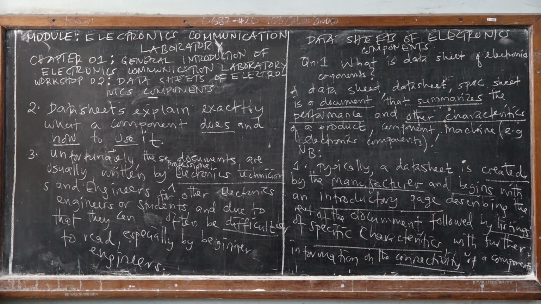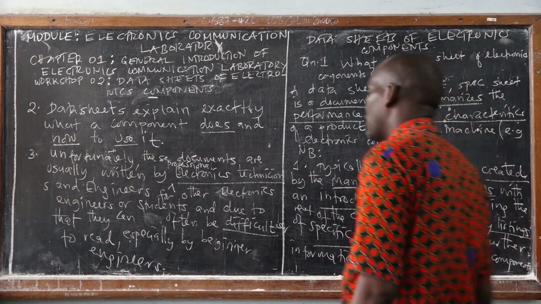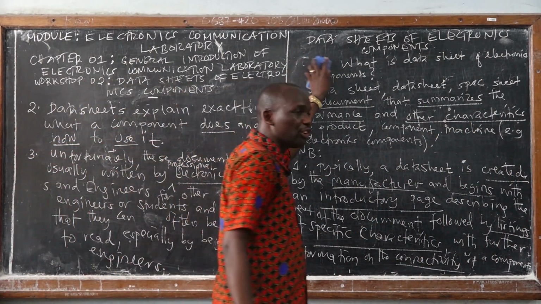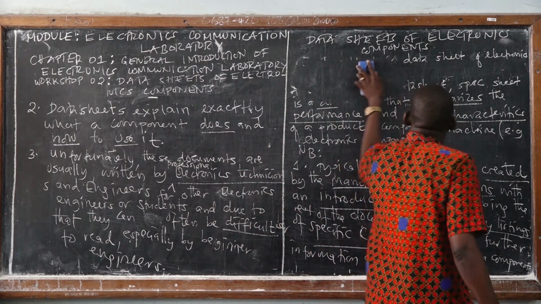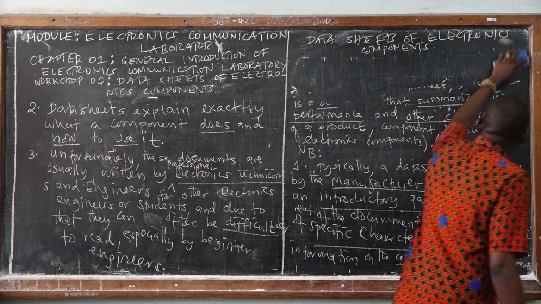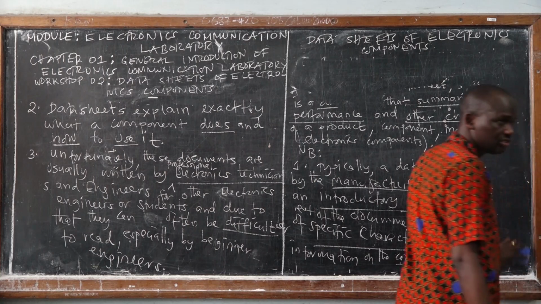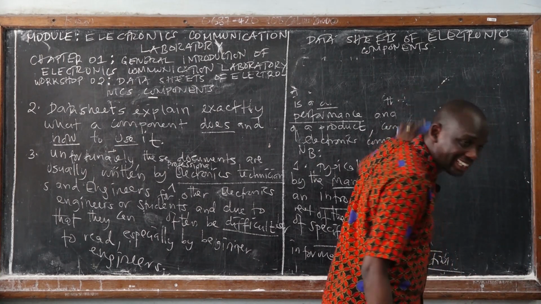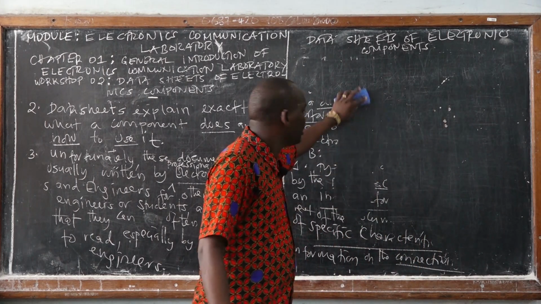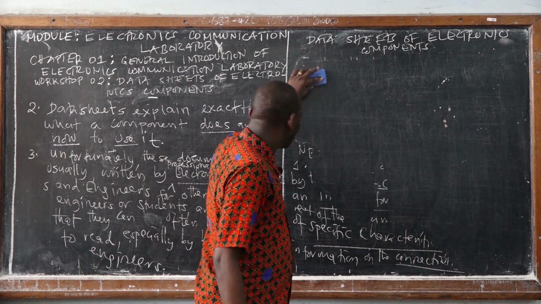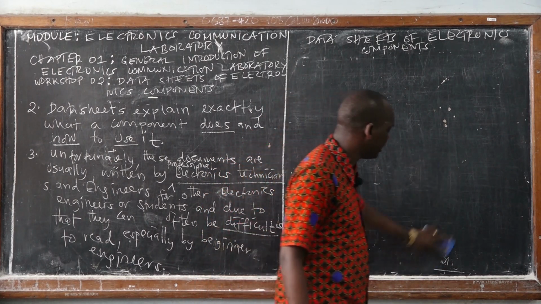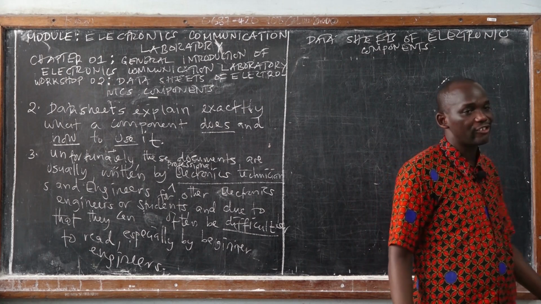So we say that data sheets are being written by manufacturers. Those manufacturers are professional electronics engineers and also professional electronics technicians. So they write this data sheet more technically. So due to that, data sheets are not easy to read, especially for beginners.